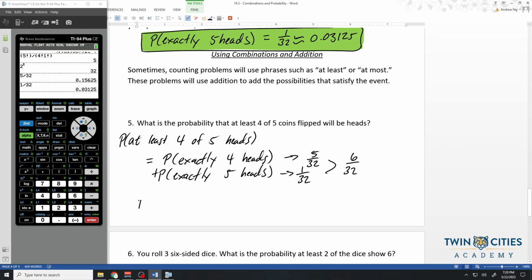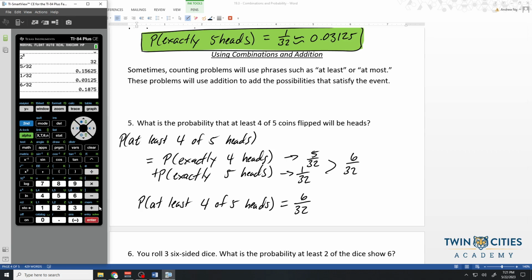So then the probability of at least 4 out of 5 heads is 6 over 32. Or roughly 0.1875.